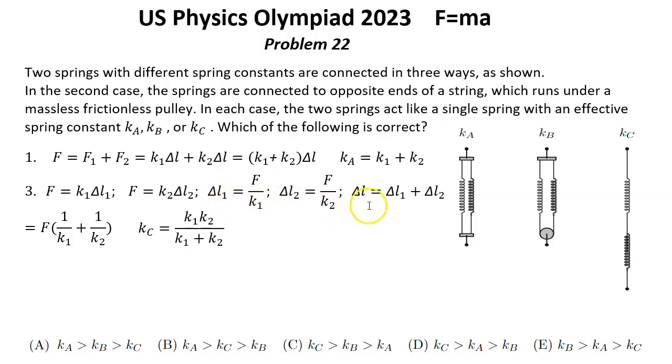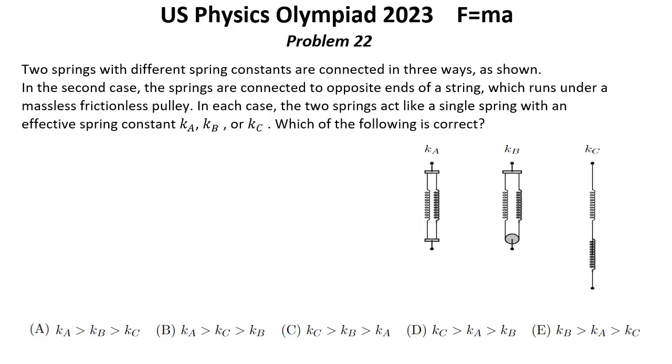We have to sum them to find the total delta L, and after that delta L equal to F multiplied by 1 over K1 plus 1 over K2. It means that Kc equal K1 K2 over K1 plus K2.